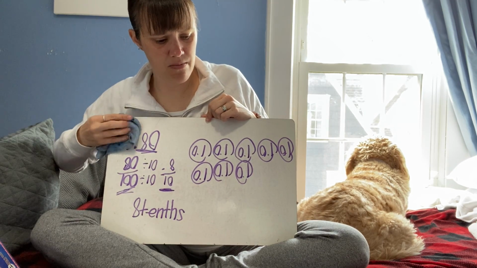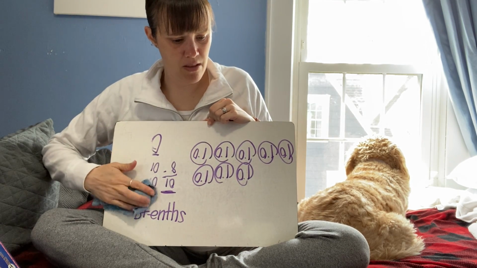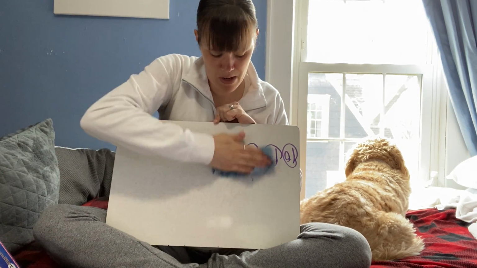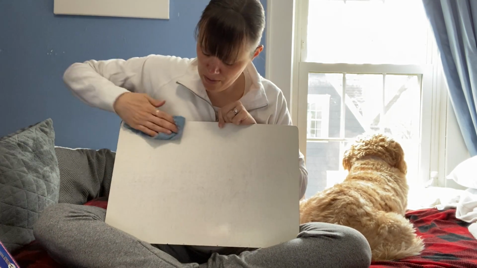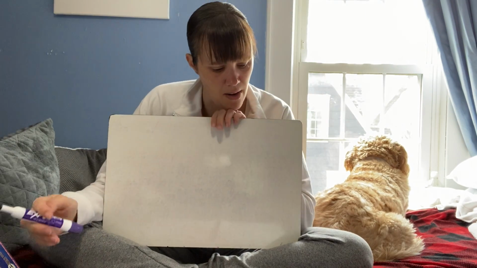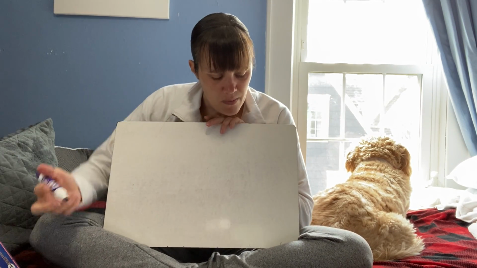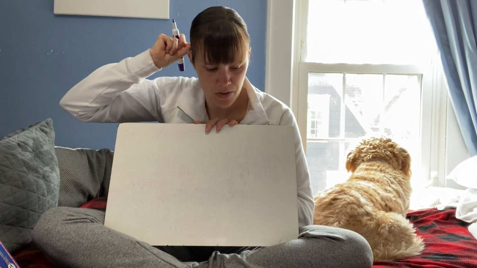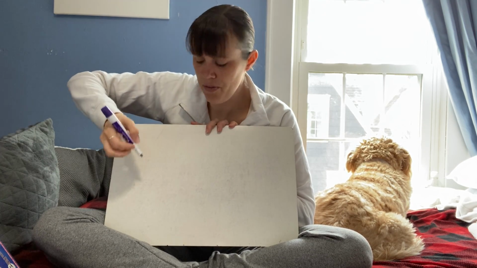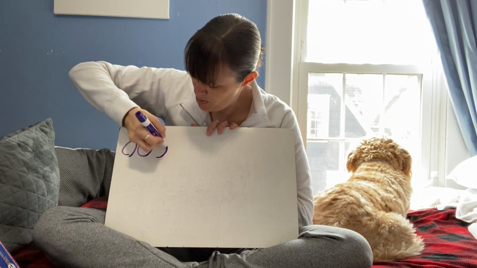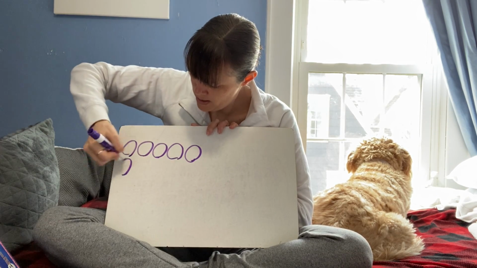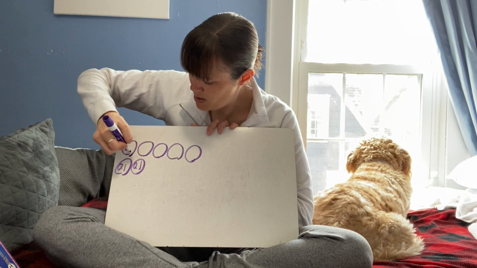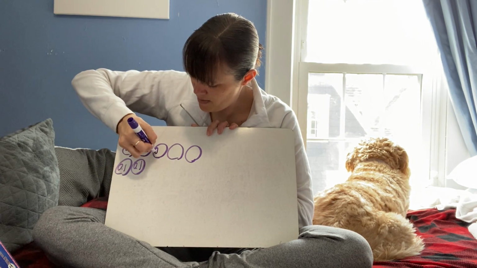E is the same exact thing as C, pretty much. I probably shouldn't have told you that. I should have let you figure that out. But it says 7 tenths and 2 hundredths. So let's draw it out first. 7 tenths, 1, 2, 3, 4, 5, 6, 7, 0.1. Remember, these are tenths. We need 7 of these, 7 tenths.